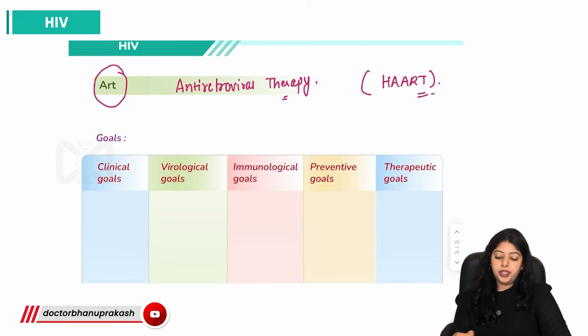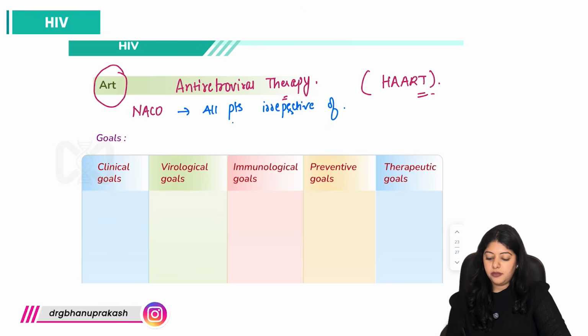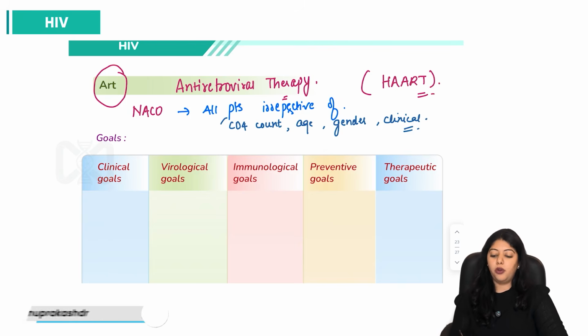So we have already discussed that NACO says that we are supposed to treat all patients irrespective of firstly CD4 count, age, gender, and clinical stages. So we are supposed to treat all the patients irrespective of these parameters, right? This is what the guidelines say.